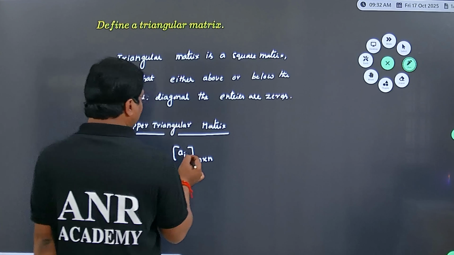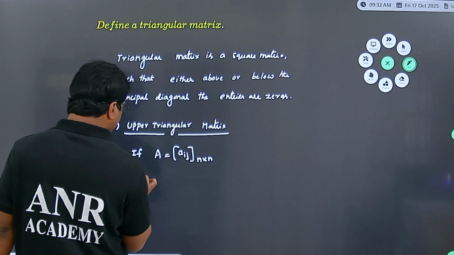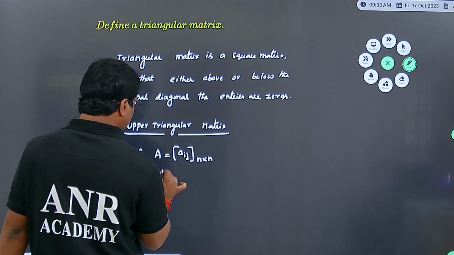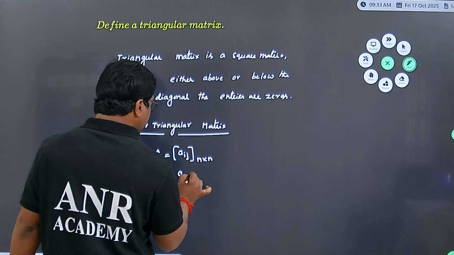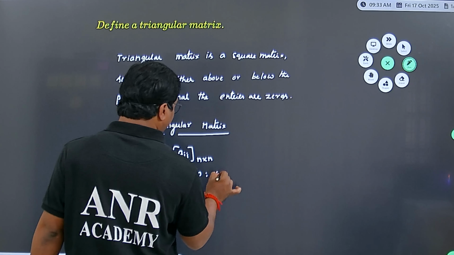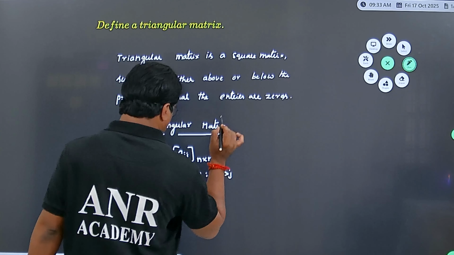If A equal to Aij of n cross n, such that the entry Aij is 0 for all i greater than j.